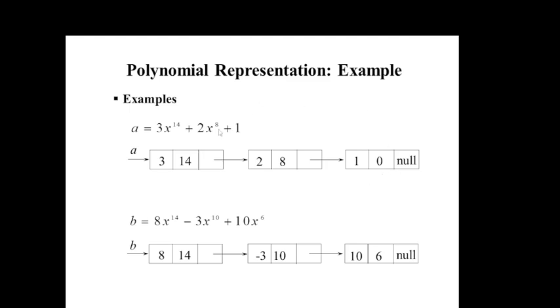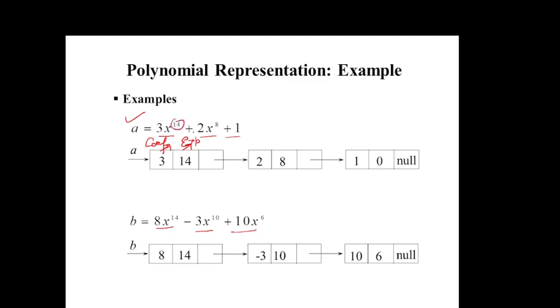So here you can see two polynomials are given. One polynomial is a, which is 3x to the power 14, plus 2x to the power 8, plus 1, and another polynomial which is b, 8x to the power 14, minus 3x to the power 10, and then 10x to the power 6. Here it is 3, so this is the coefficient part. Here it is the exponent part, or the power part.